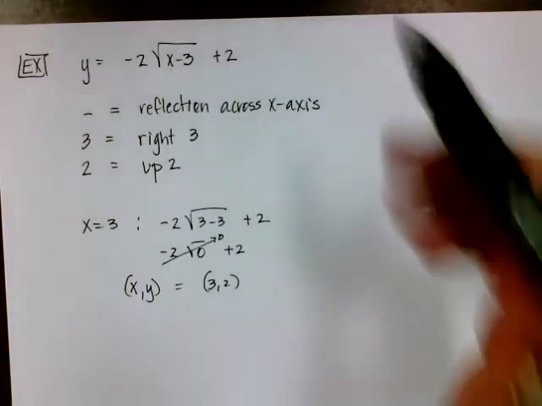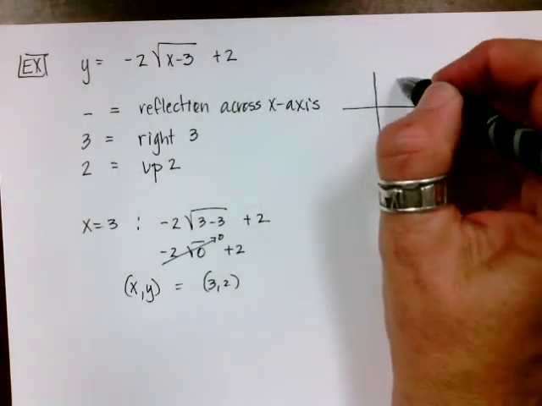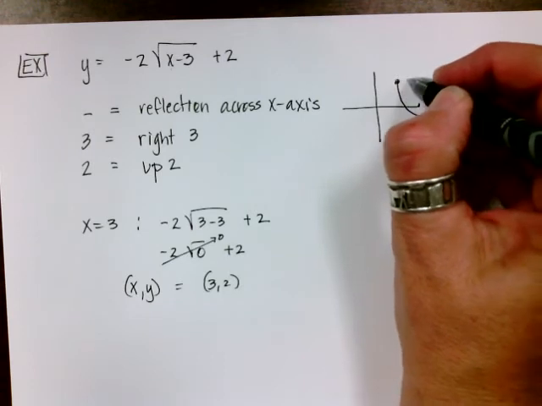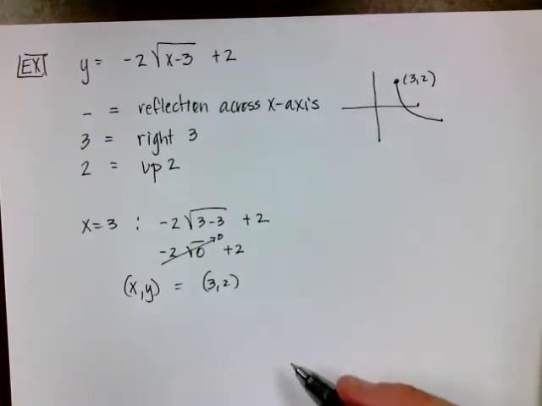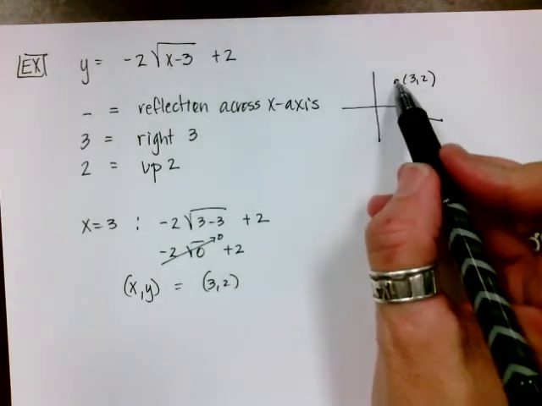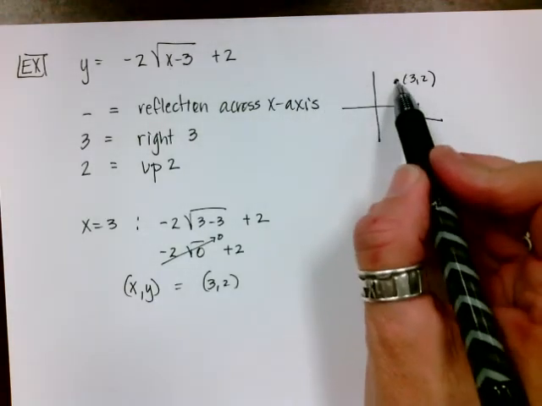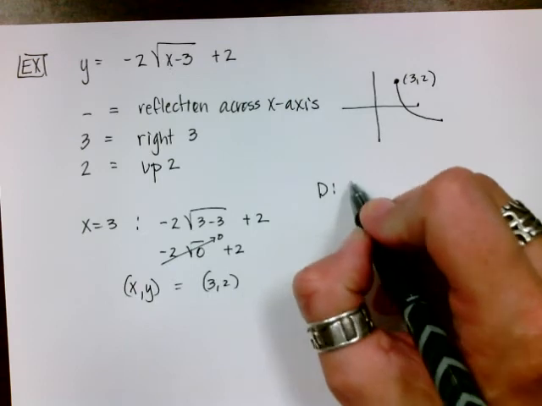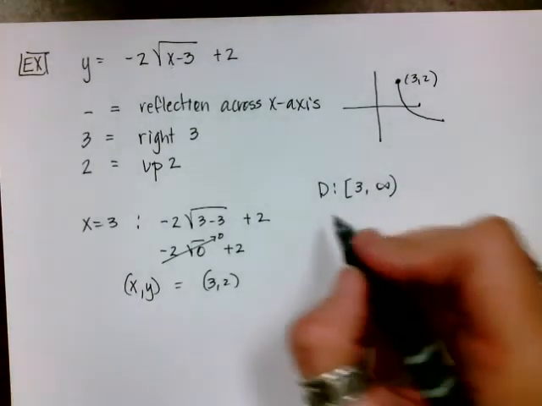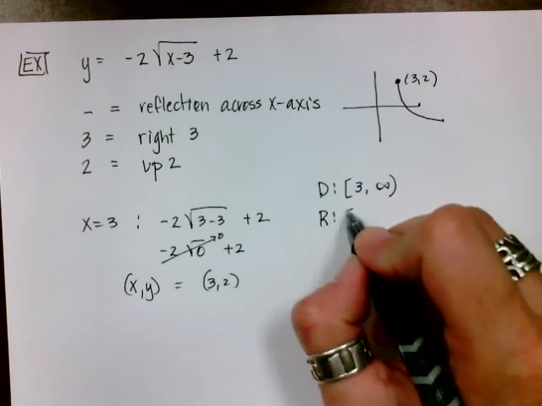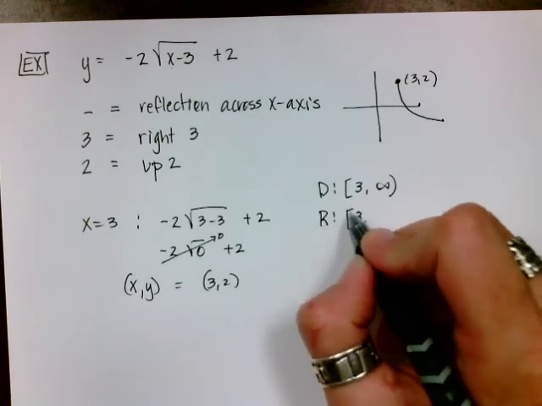I'm actually going to just sketch a little piece of this so I can show it to you. This piece right here is 3, 2. So now I can talk about my domain and range. My domain is undefined to the left of 3, so my domain is going to start at 3 and go forever to the right. My range also actually starts at 3. Oops, sorry, my bad.